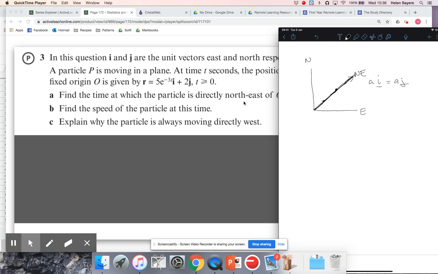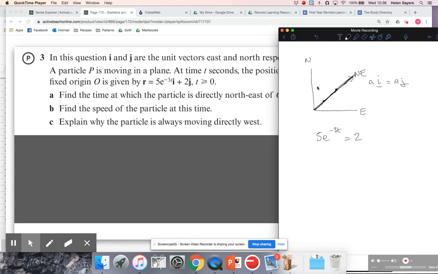Okay, so if I go back to my position vector, if I need it along that line, the i vector, which is going to be 5e to the minus 3t, must equal the j vector, so must equal 2. Okay, so now we've got to work with exponentials and natural logs to be able to solve this.